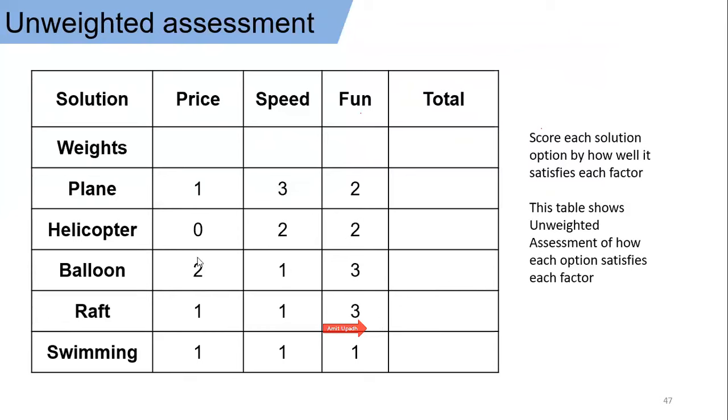And once you've rated it, you've got these ratings, but the work is not yet complete because you haven't put a weightage on how important is price to you, how important is speed, and how important is fun. So the weightages are actually blank right now, right? So let me show you where the weightages are. These are the weightages. They're actually blank at this point in time.